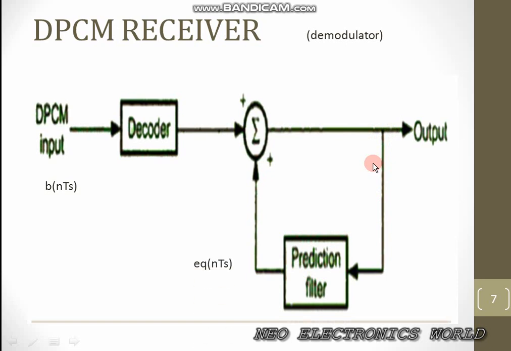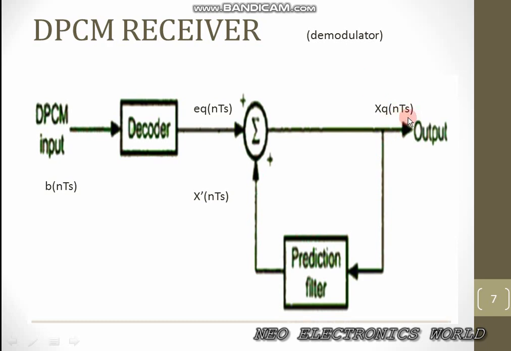Here EQ of NTS is the error signal that has been produced, and X dash of NTS is the value that has been predicted by the prediction filter. XQ of NTS is the value that has been produced. This is the sample that has been produced at the output, and this is the analog.